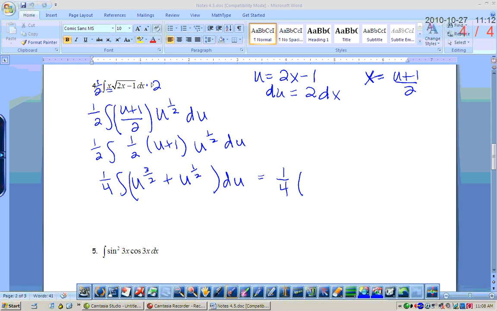Up here, my du was 2 dx, so I needed a 2 to compensate for the du, and therefore I had to put a 1/2 outside. But then this 2 dx was substituted for the du, and then when I brought in my x, that brought in this other 1/2.